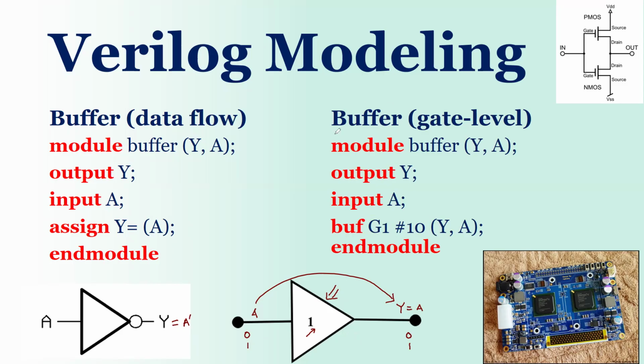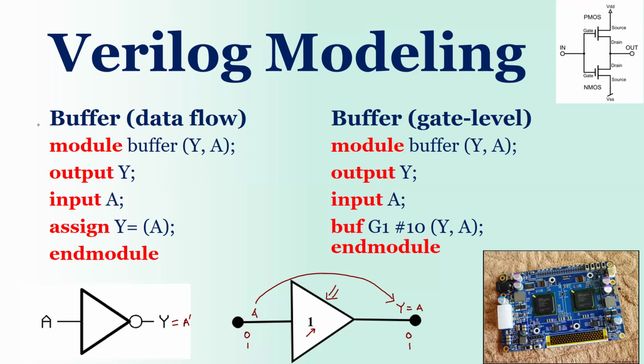So I need to define it at the beginning of my code if I decide to use delays. It means when I switch from 0 to 1 or 1 to 0 at the input, it will take 10 time steps to reflect the change from 0 to 1 or 1 to 0 at the output. So that's how it will work.